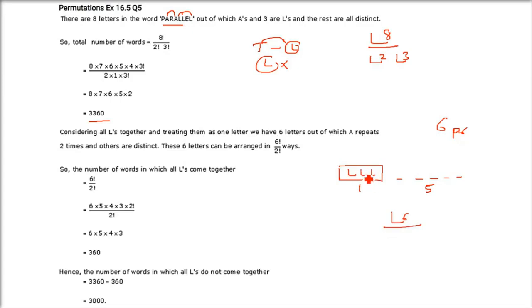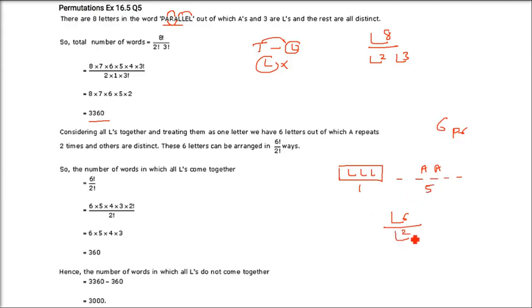But in this we have 2 A's also. L we have taken together, but in this factorial 6, we are arranging 6. A is 2 times. So we have to divide this by factorial 2 for A's also.